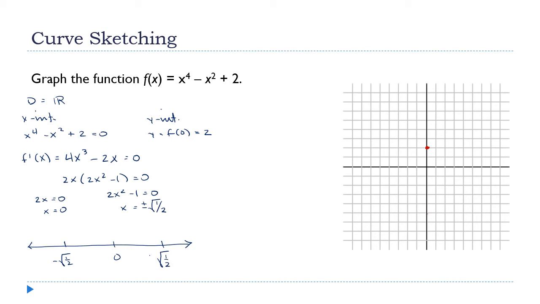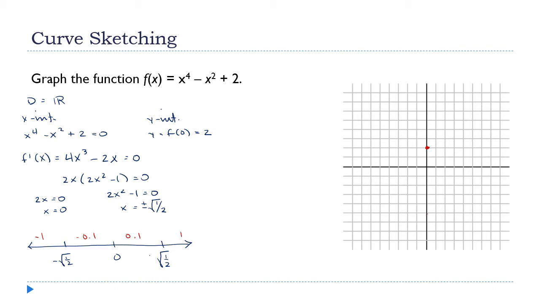Square root of 2 is 1.4. 1 over 1.4 is about 2/3. You can get your calculator out if you want to be more precise. I'm going to pick negative 1, negative 0.1, 0.1, and positive 1.